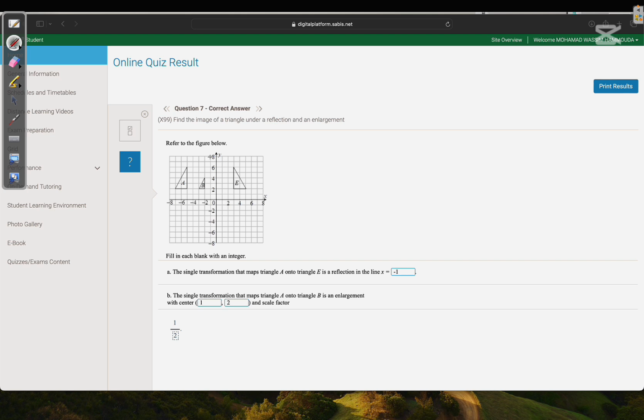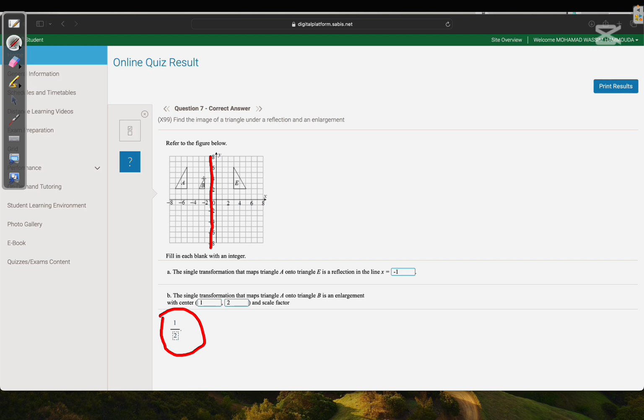X is equal to -1. Okay, the single enlargement that maps triangle A onto triangle B is an enlargement with center. First let's find the scale factor, that makes it easier on us.